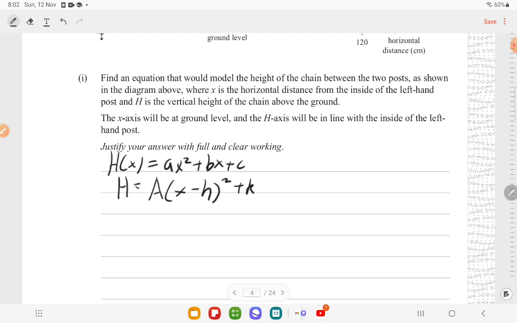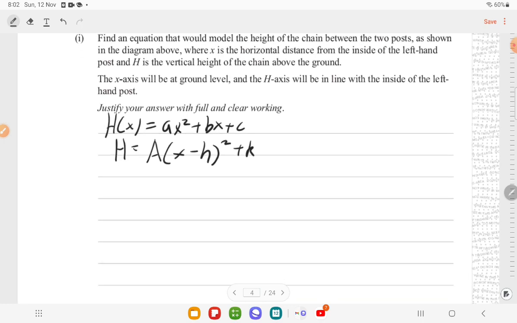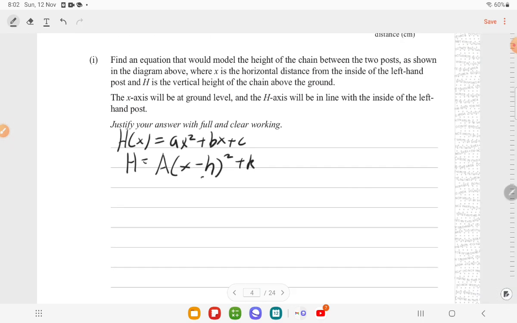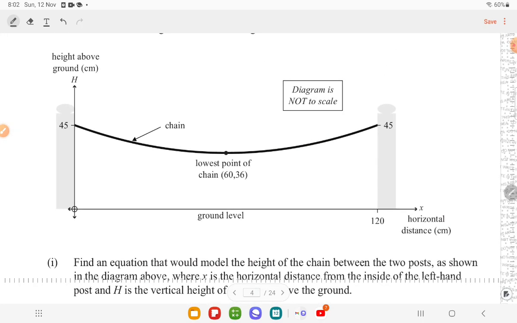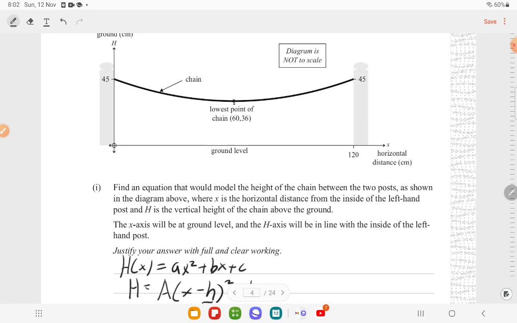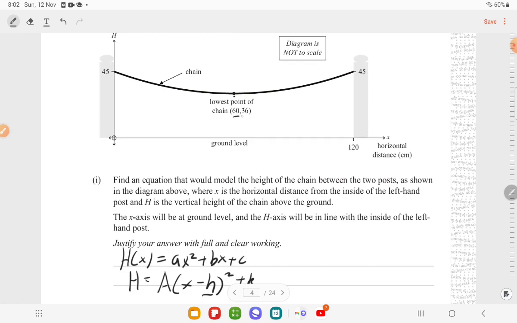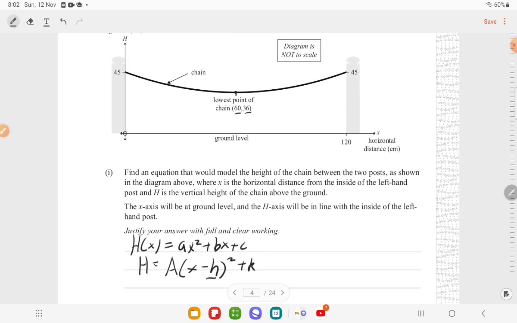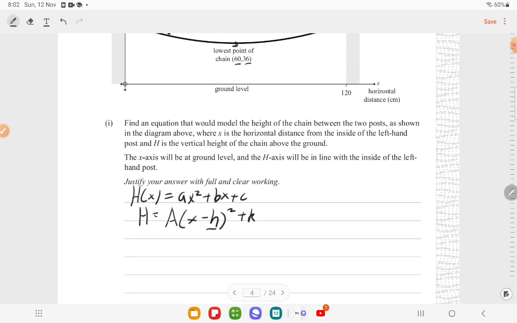I might have the k and h the wrong way around. This h is the x point of the lowest point, and this k is the y value of this turning point. So the turning point is 60, 36.